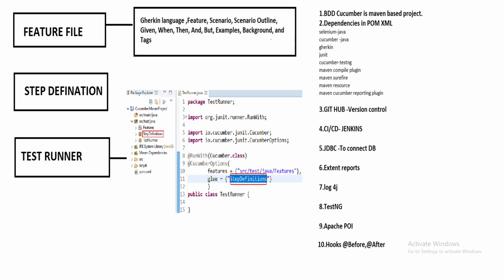We are using a Maven project where I keep all the dependencies in the pom.xml file. We are using GitHub as version control, Jenkins as the CI/CD tool, and to connect with the backend we'll be using JDBC. Extent report we'll be using for reporting, log4j for keeping logs, TestNG as the unit and integration framework, and Apache POI to work with external test data from an Excel sheet.